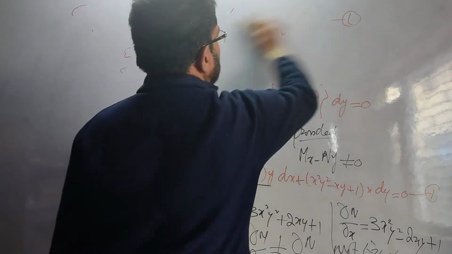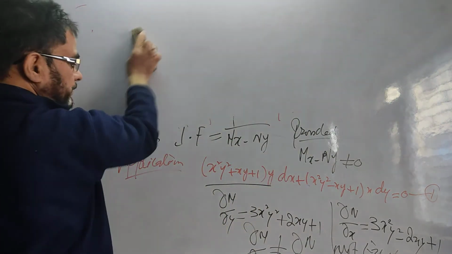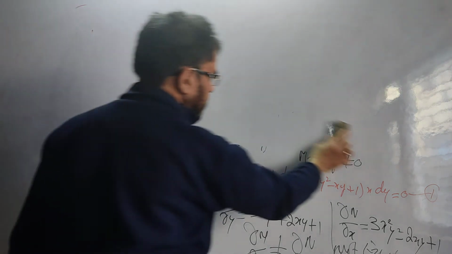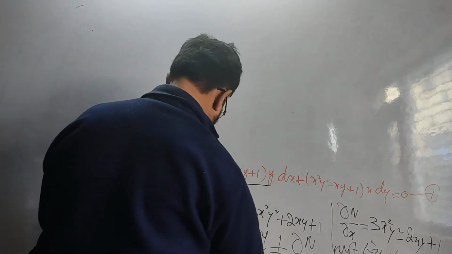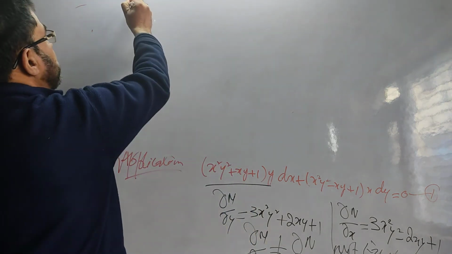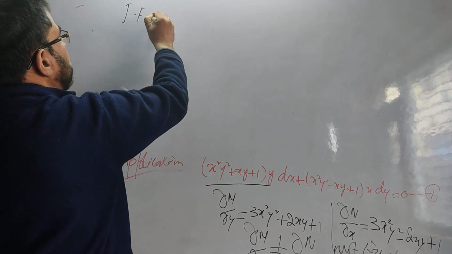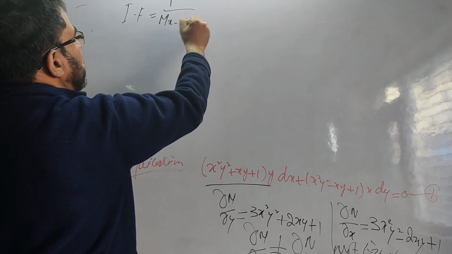Now we go to rule number two. What is its integrating factor? It is 1 by mx minus ny.